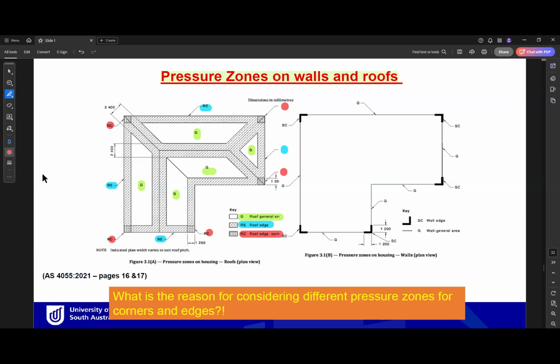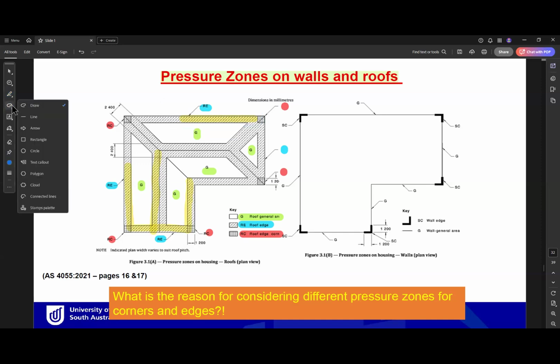That's because this part of the roof is very close to the edge, and here as well, and here as well. So in all these areas, the wind load is higher or more intense. That's why we need the purlins to be closer to resist these loads. Okay, so this is how the standard divides the roof.